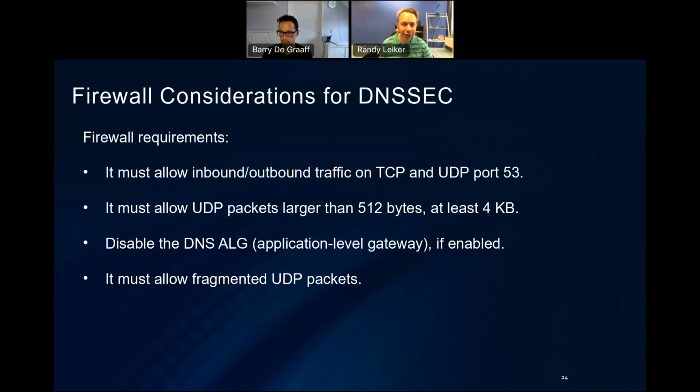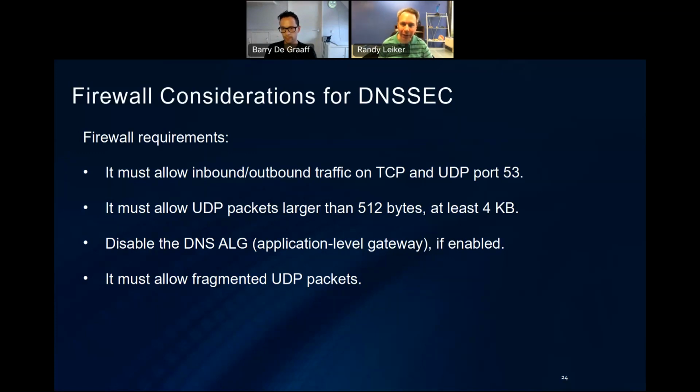Many firewalls traditionally limit DNS traffic just to UDP port 53 only. Now, if your firewall limits UDP packets to 512 bytes, which tends to be the default, you will need to allow packets of at least 4,000 bytes, or 4 kilobytes, in size to account for those larger DNSSEC replies. If you have a DNS application level gateway enabled, you're also going to need to disable it. Many of these DNS ALGs do not allow for the larger DNSSEC packet sizes.